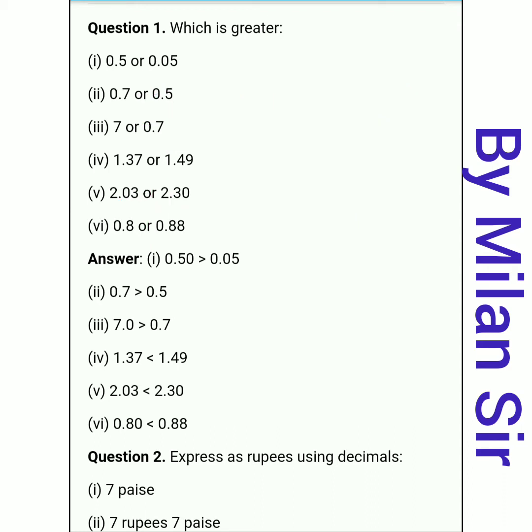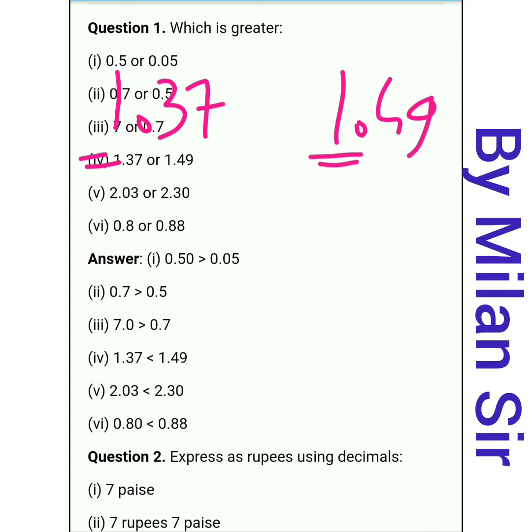Then question number 4, 1.37 and 1.49. Now in both numbers the integer parts are the same, 1 and 1, right? And after the decimal point in both numbers we have two digits, so directly we can compare. Here 37 and here 49.